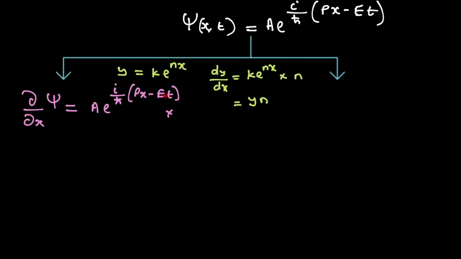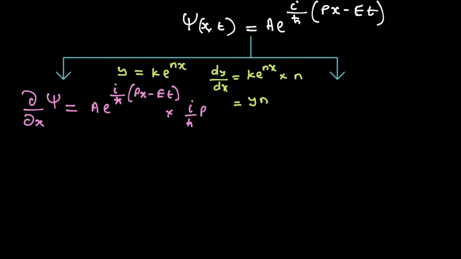So if we differentiate et with respect to x, we get 0. If we differentiate px, we get p. So p times i over h bar. So that would be i over h bar p.